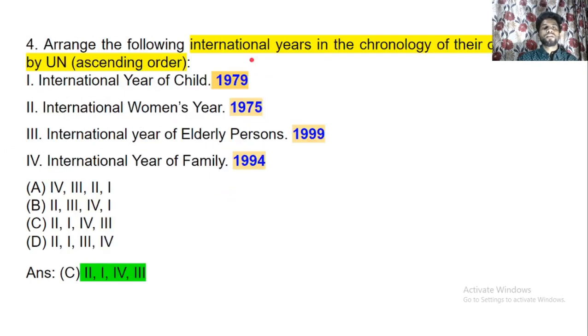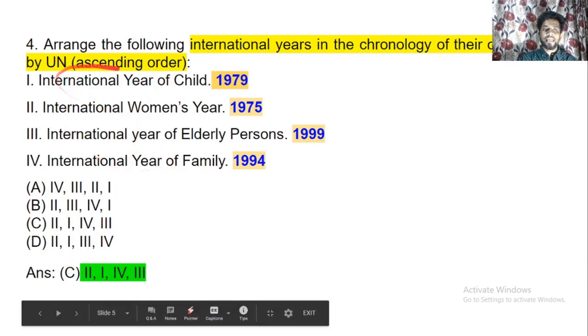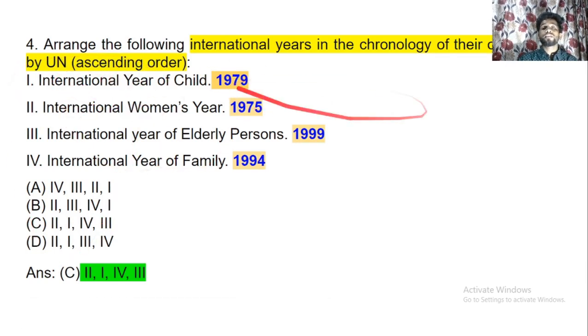Next question: arrange the international years in the chronological order of their observance by the UN, in ascending order. You will not get these kinds of years in your exam in this form, which I have given for you to understand and remember which comes first, which comes later. The International Year of the Child was observed in 1979.